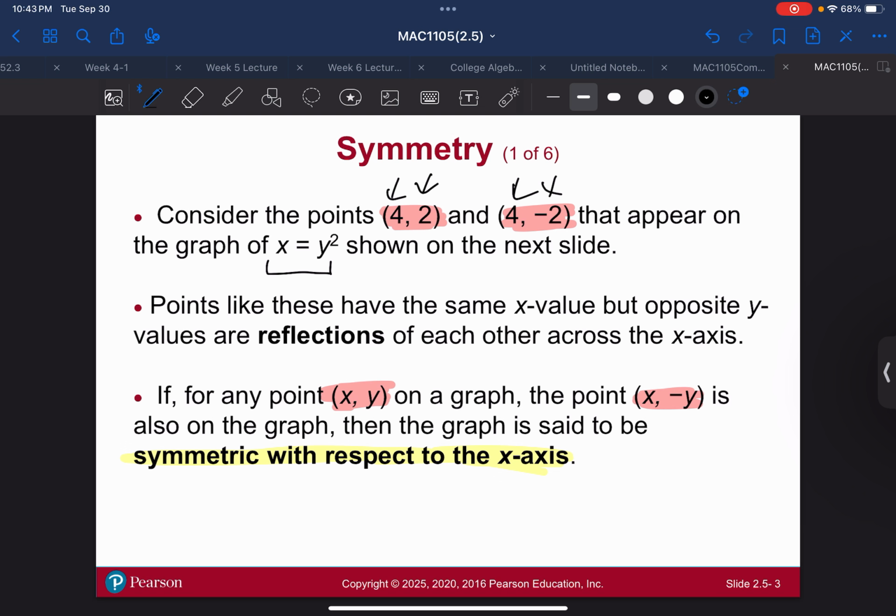Well, if we have a function where all the points are pairs like this, then that's how we can tell whether it is symmetric with respect to the x-axis. So you can see that only the y values are changing from positive to negative, right?